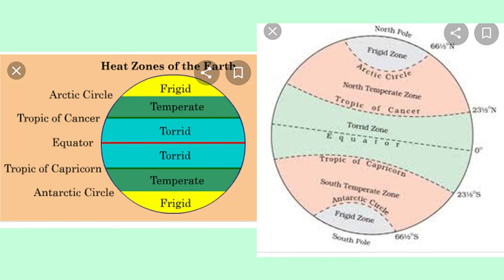Before going through the text, you have to carefully watch those pictures and try to find out the different zones, and then you will be able to get a clear understanding of this very important topic, heat belts of the world.